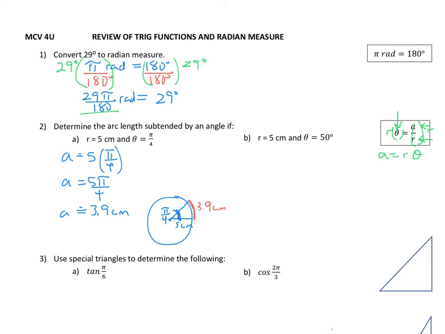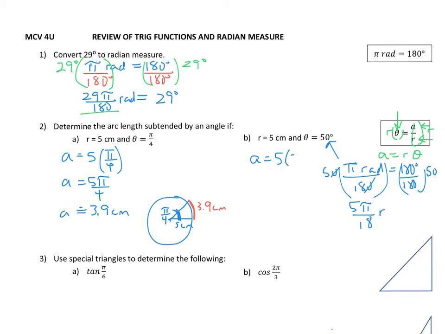All right, next one. Again, the arc length is going to equal the radius times the angle. Now that angle has to be in radian measure, so we've got to change 50 degrees into radian measure. I know that pi radians is 180 degrees. I'm going to divide by 180 on both sides, and multiply by 50 on both sides. That's going to give me 5 over 18 pi radians.